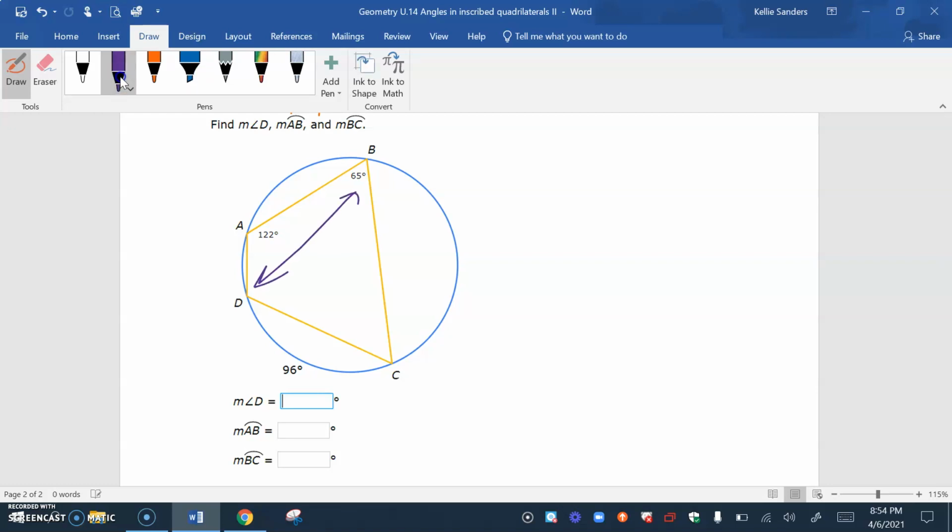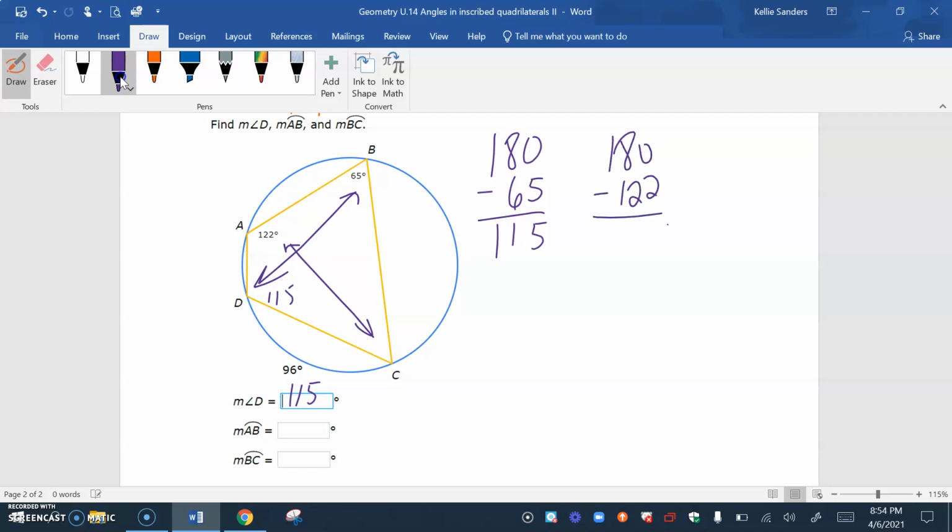Opposite angles. So 180 minus 65 is 115. D is 115. 180 minus 122 is 58.